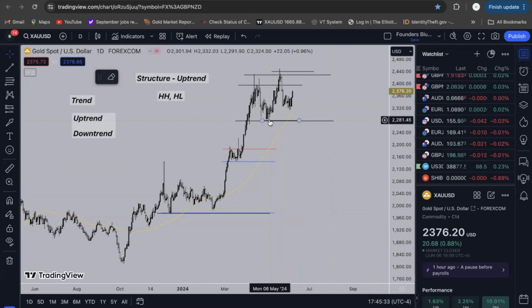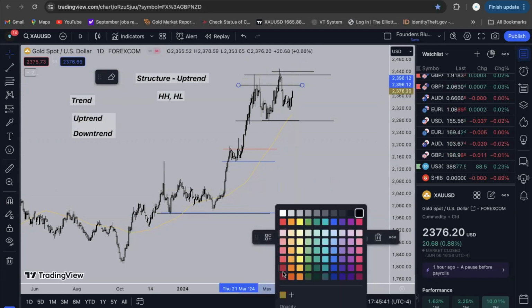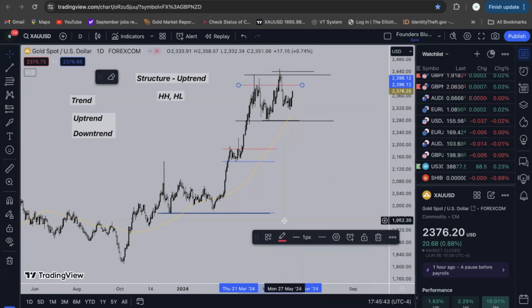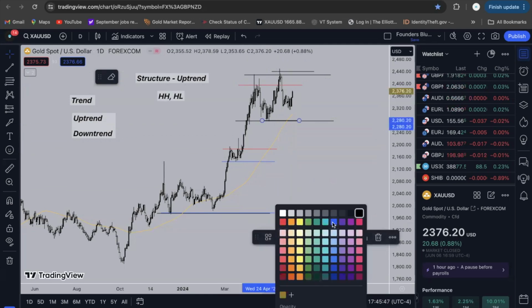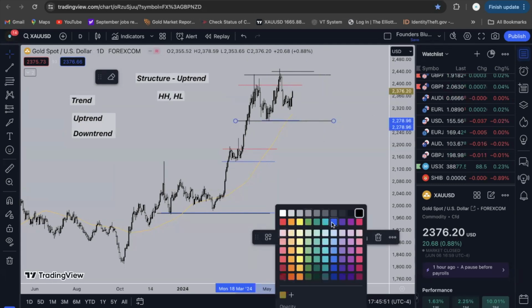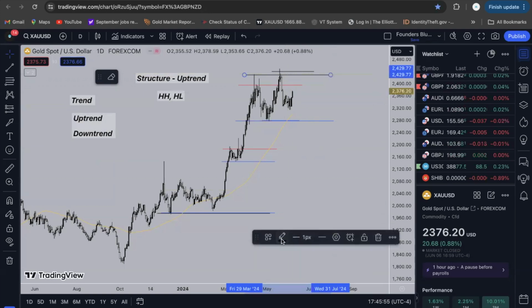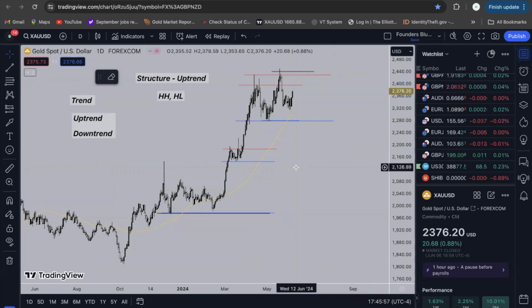Blue, boom, red, blue, red. So this is our higher low.